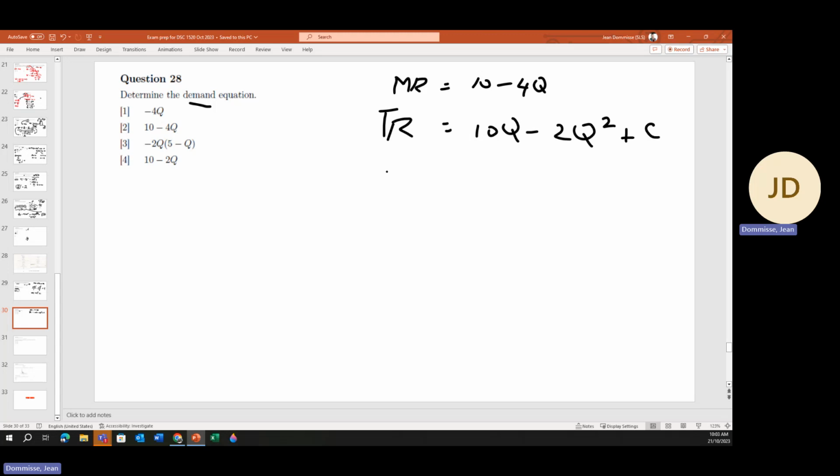Okay, so the other way to look at total revenue is what we did way at the beginning of today. Total revenue is also price times Q. So here we can say, and we want to get to a demand function, that PQ is equal to 10Q minus 2Q to the power of 2.